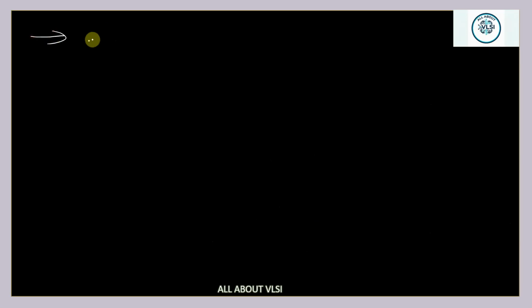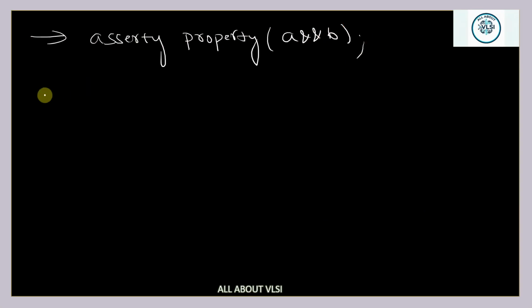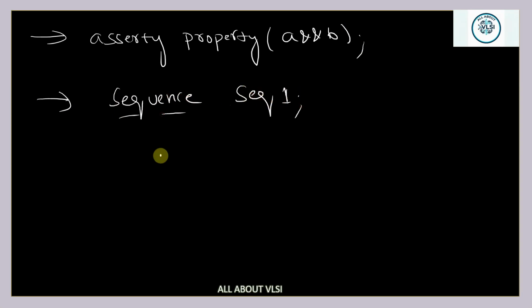If you want to have the condition directly, you can write assert property and whatever condition you have, directly. This is way one, step one. Or else you can declare that expression inside your sequence: sequence, followed by the condition, followed by end sequence.